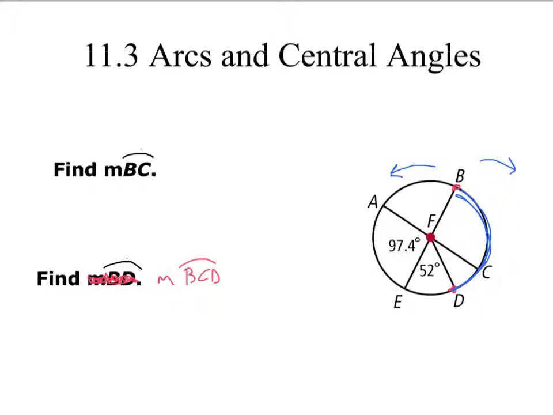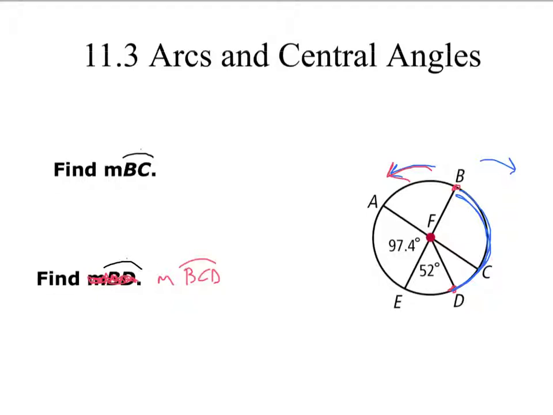Now, if I said find BED, I would be going this other way. Unless they specify with three points, you can safely assume to go the short way and find the minor arc.